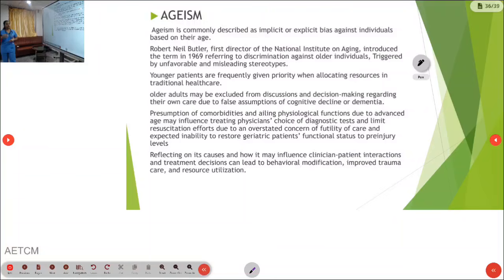Reflecting on these causes and how they may influence the clinician-patient interaction and treatment decisions can lead to behavior modification, improved trauma care, and better resource utilization.